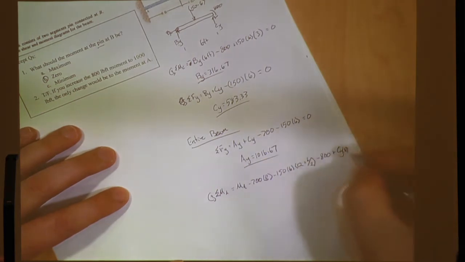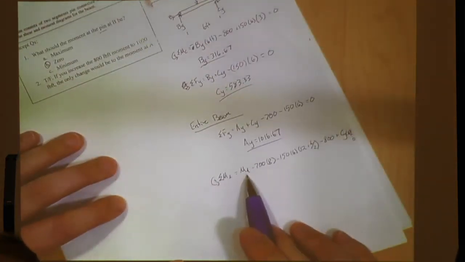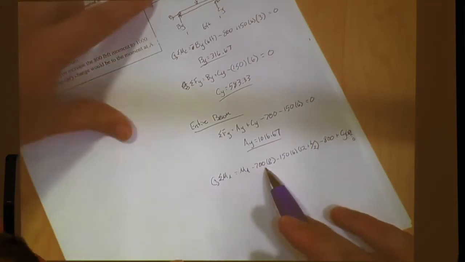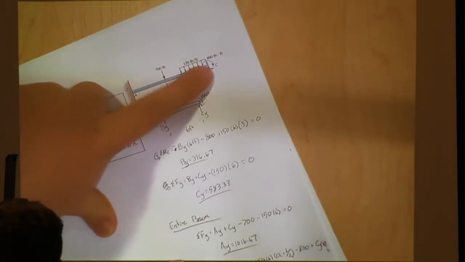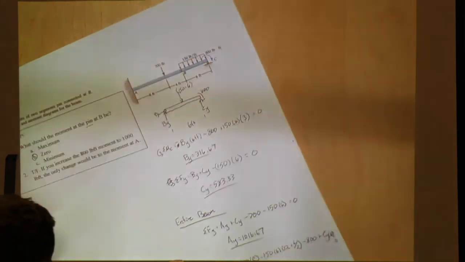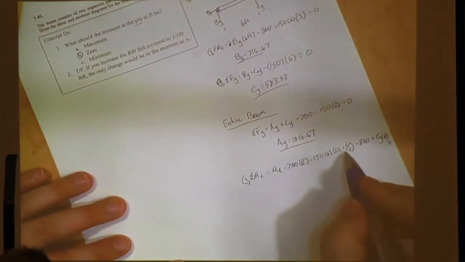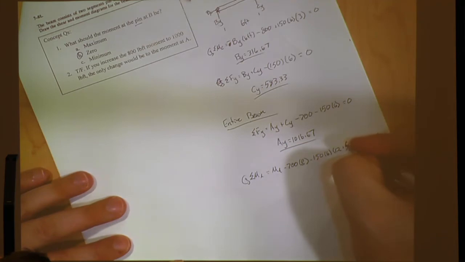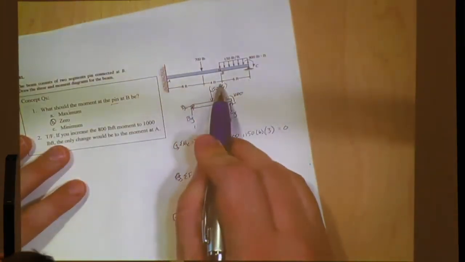Sorry if it got a little crunched at the end. We're looking for MA, and here are all the additional external forces acting on there: the 700, CY, and the distributed load. 6 over 2, yeah, half of 6. So 12 plus 3.